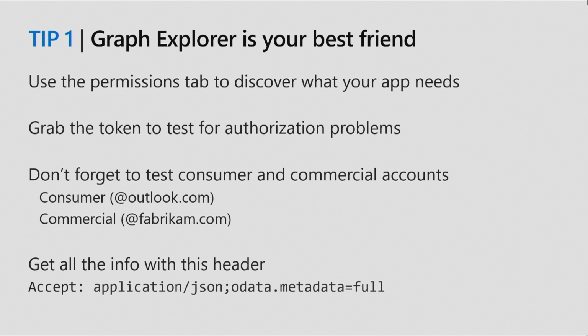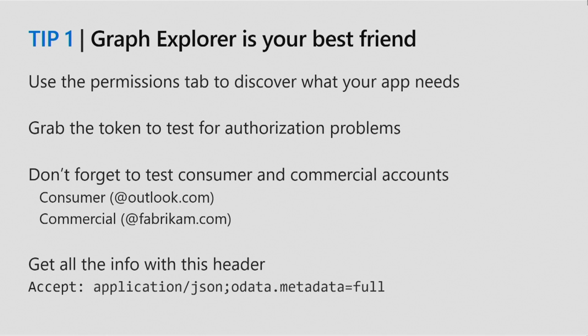And you can use the permissions tab to discover what consent, what scopes are needed in order to be able to call that. And if you're having problems getting your app to call that, you're having some kind of authorization problems, don't worry, go back to Graph Explorer and you can make the call, get it successful in Graph Explorer, grab that token, and then copy that token into your app and test for authorization problems.